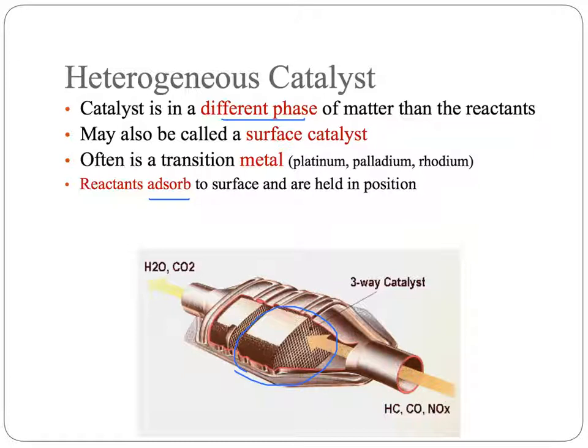The engine gases are sent through the catalytic converter, and the metal serves as a surface to collect molecules and encourage the changing of unbroken down hydrocarbons and carbon monoxide into water and carbon dioxide, which are not toxic and not a problem the way carbon monoxide is. So the catalytic converter in a car is a good example of the heterogeneous catalyst.